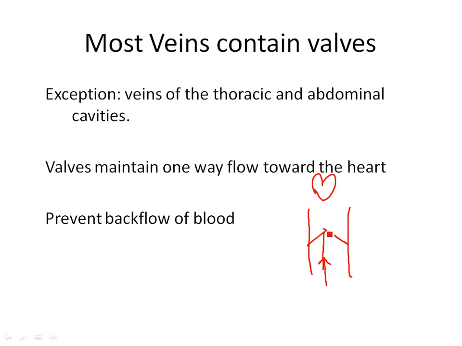But once blood passes that flap, it'll reach another valve up here, and if for some reason it wants to come back down, whether it's due to gravity or you've just had your legs dangling and there's not a whole lot of circulation going on, that blood will try to push back down, and when it hits that valve, it can't open it backwards. So that prevents backward flow. Instead, it bounces off that valve and gets pushed back up. So the valves maintain that one-way flow, and they prevent backflow, so you don't want blood pooling.